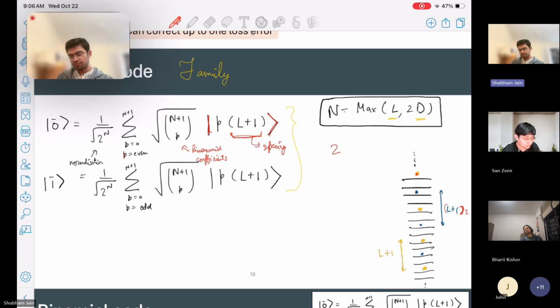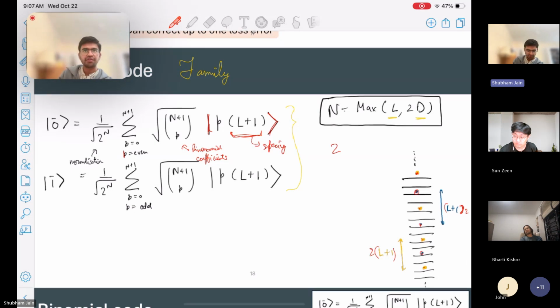Anyway, if you figure out which states you want in the system, then you just take alternate states to form one logical state and the other remaining states as your other logical state. That's the support of the code space, and then you put the square roots of the binomial coefficients.